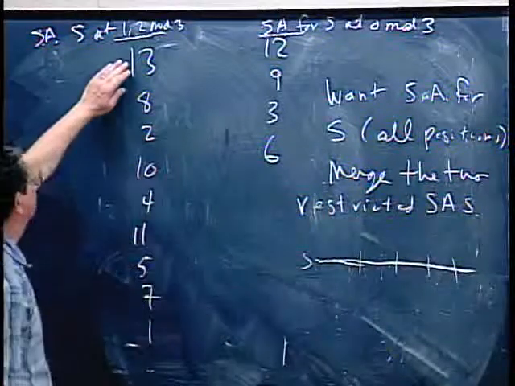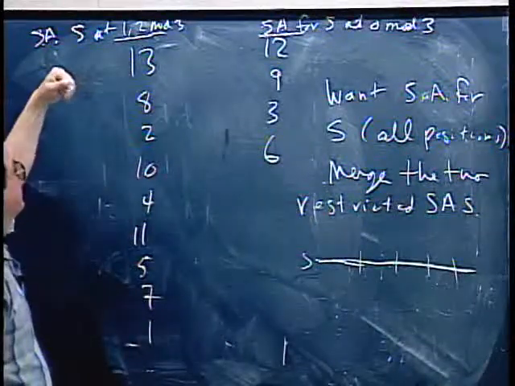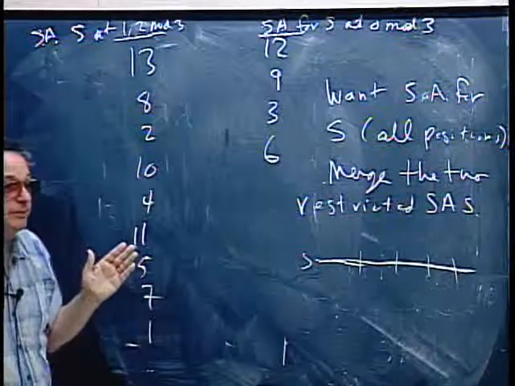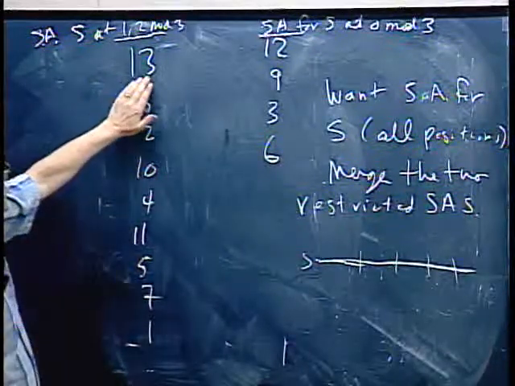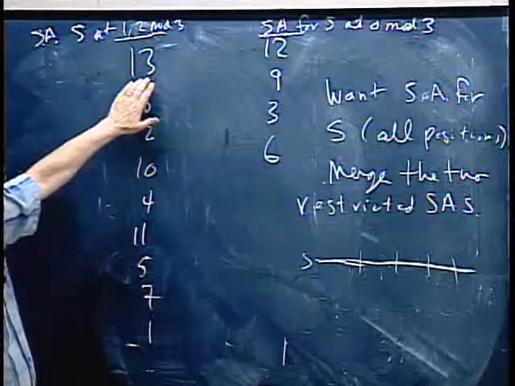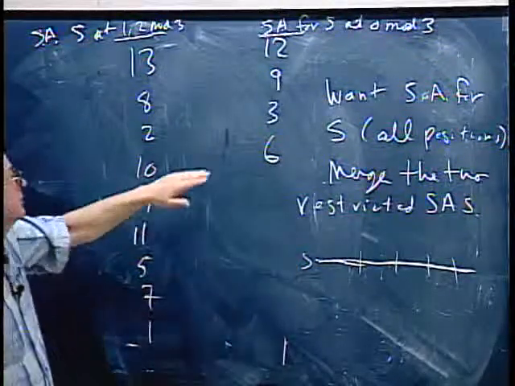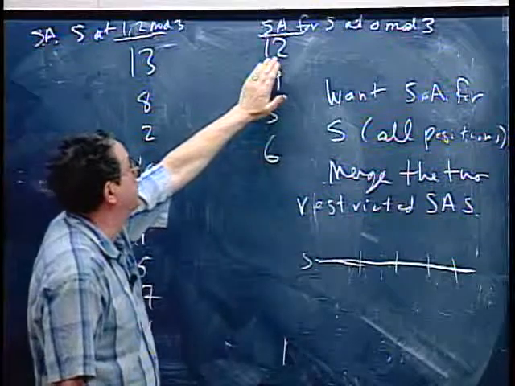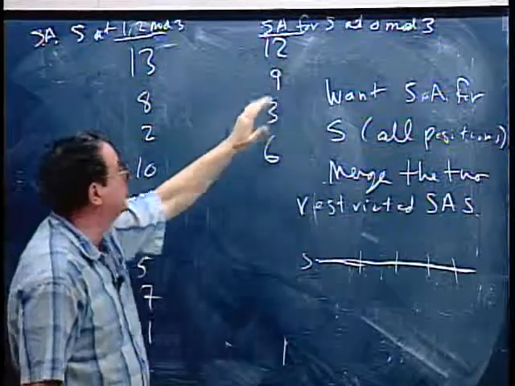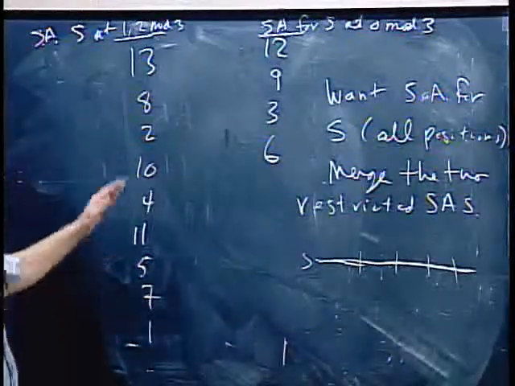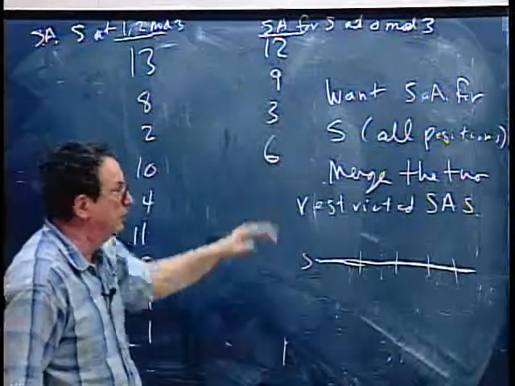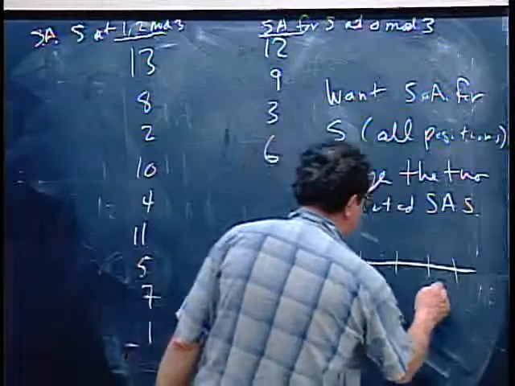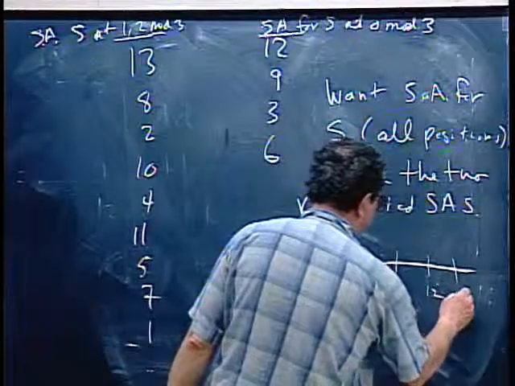As we know, the lexicographically smallest suffix that begins at a position 1 or 2 mod 3 begins at position 13. And we know that the lexicographically smallest suffix that begins at a position 0 mod 3 begins at 12. So the lexicographically smallest suffix overall is either the one that begins at 13 or the one that begins at 12. So we take a look at, in this case, 12 and 13.